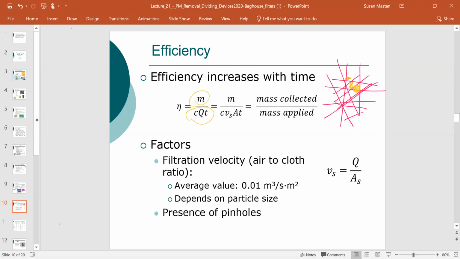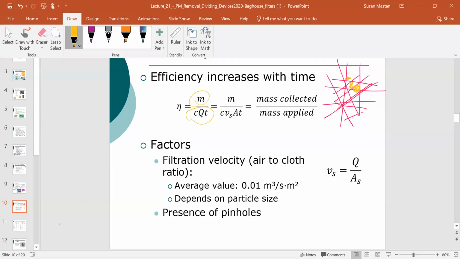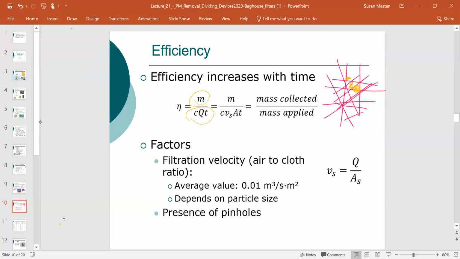And the mass applied is your particle loading, so your concentration, Q is your flow rate, and T is the operational time. This gives us the mass of material that's actually applied to the filter.